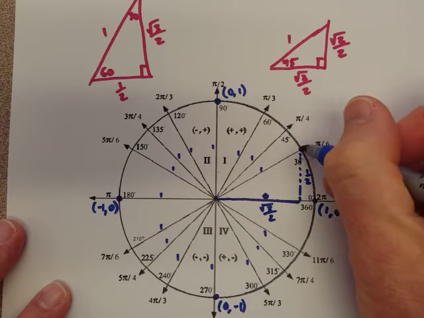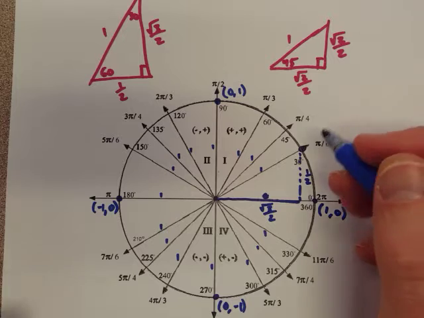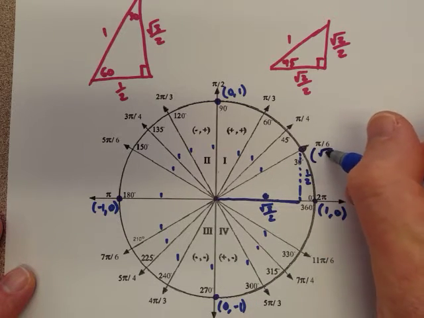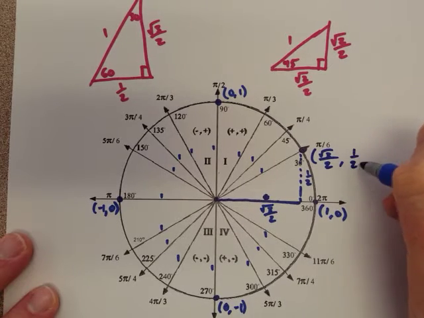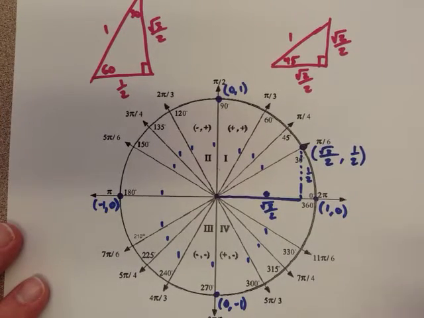That tells us the coordinates of this point here at pi over 6. So the x value is square root of 3 over 2, and the y value is 1/2. And so we put those in there as the two values at that point.